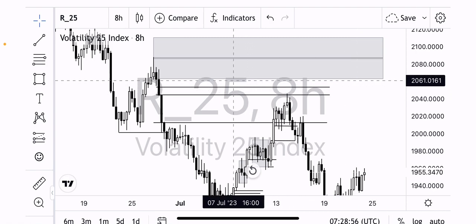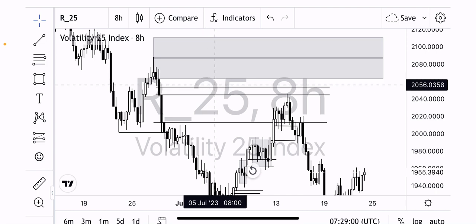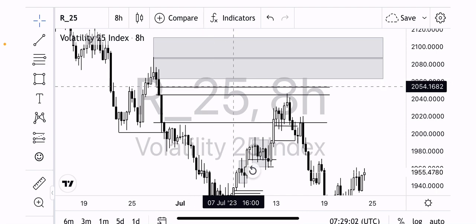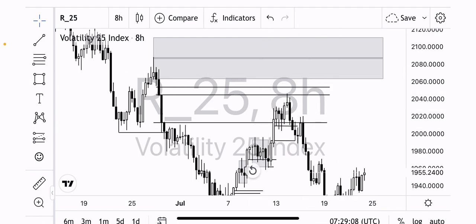So a lot of traders will say, okay, this is an SC candle, let me put my sell limit here. Once the market gets here, it continues to the downside. More reason I don't like using the limit. I just wait to see what the market is doing at the particular area, and once it gives me that confirmation around my fair value gap, I am going to enter the trade.